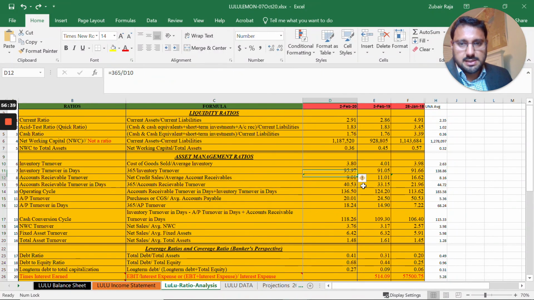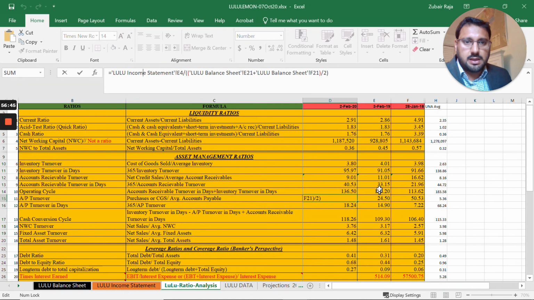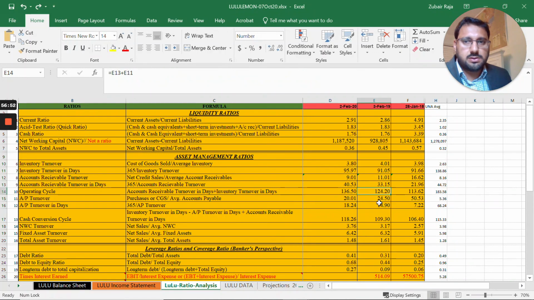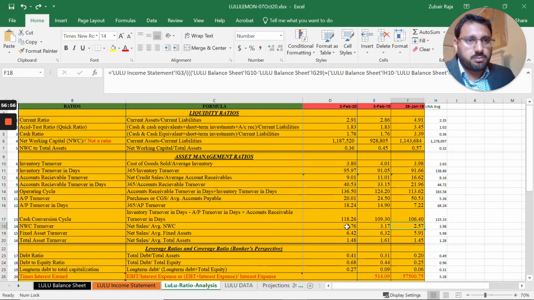So this is the purpose, just to show you that all these numbers are coming from the source statements, which are the income statement and the balance sheet of Lululemon. Likewise, you need to do it with all these formulas. So use the formulas rather than hand typing the numbers for the analysis. Thank you.